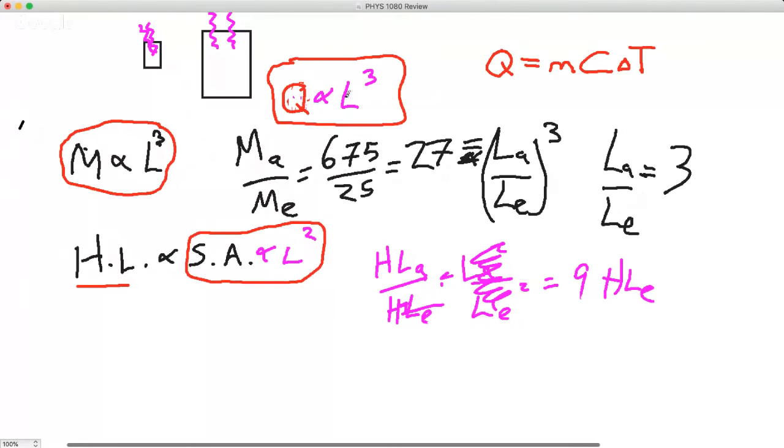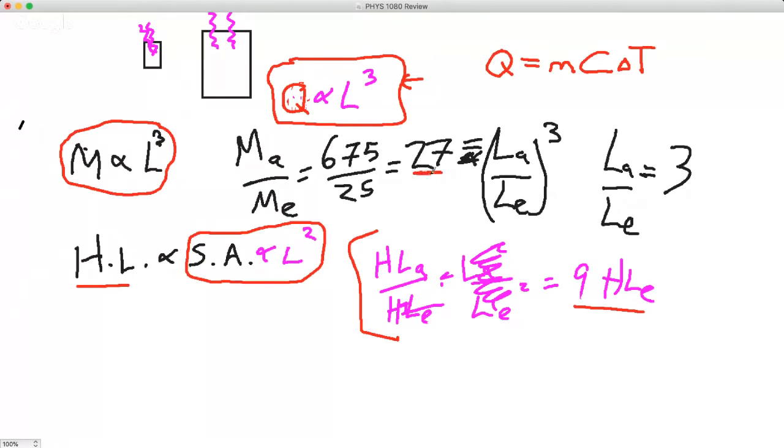So the Americano is bigger and has way more heat stored in it. They're both at 90 degrees Celsius. Because the amount of heat is proportional to L cubed, it has 27 times the amount of heat. So it loses heat 9 times faster, but it's got 27 times the amount of mass, 27 times the amount of heat.